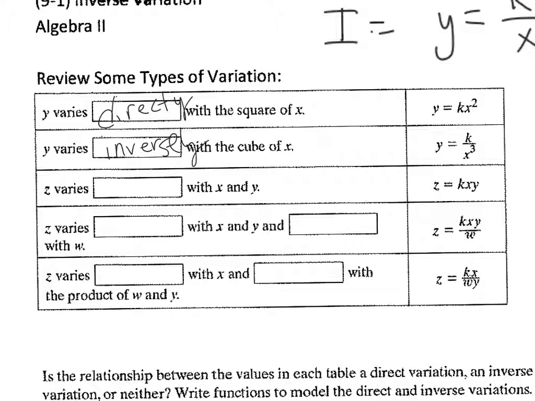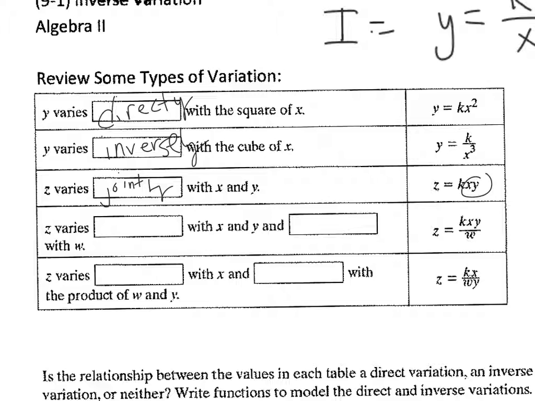And the third one is z varies jointly with x and y, because there's two variables going on. So you could write it as z varies directly with x and directly with y, or if you just shorthand it, z varies jointly with x and y, means that they're both direct relationships. And for this one, you have x and y in the numerator and w in the denominator.